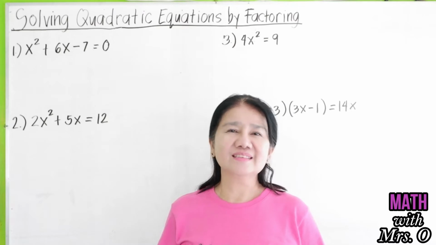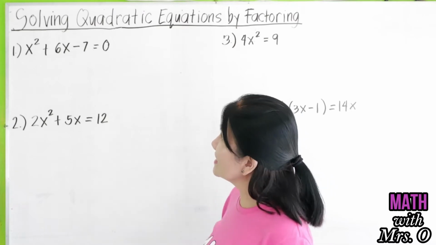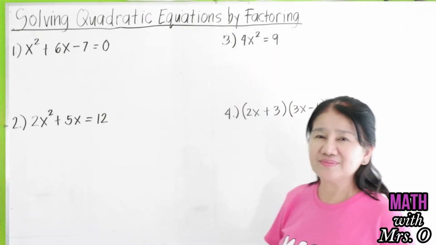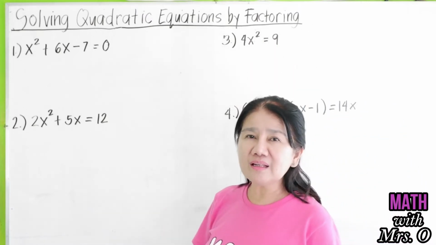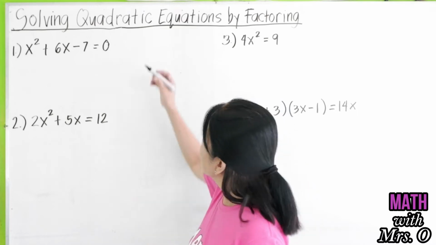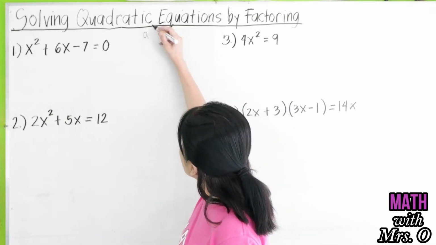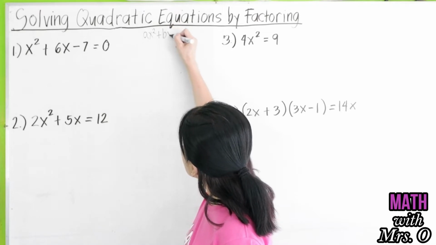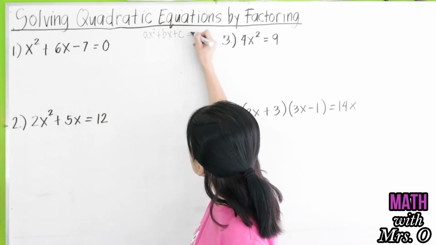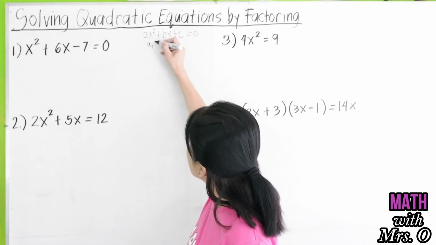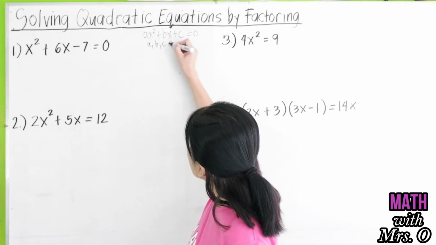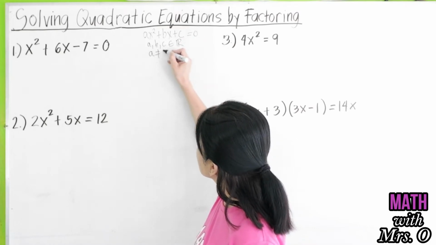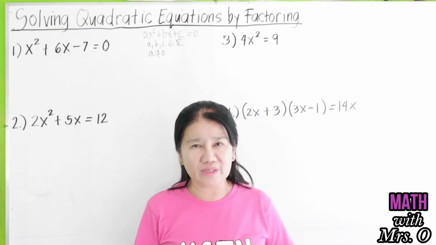Before we start, our lesson for today is solving quadratic equations by factoring. Recall that an equation of the form ax squared plus bx plus c equals 0, where a, b, c are real numbers and a, of course, cannot be 0, is a quadratic equation.